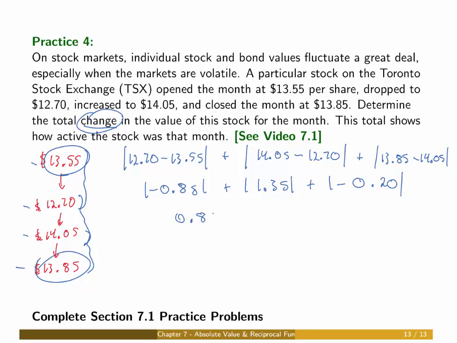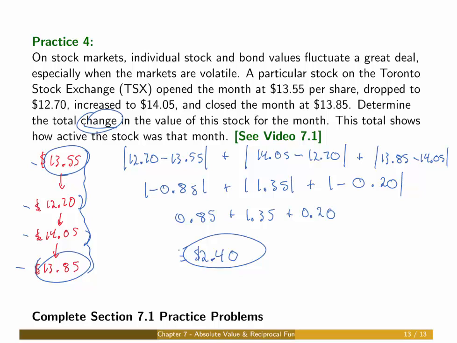So we have positive 0.85 plus 1.35 plus 0.20, and this comes out to be 2.4. And that's 40 cents, and that's in dollars. So this stock fluctuated by $2.40 in total.